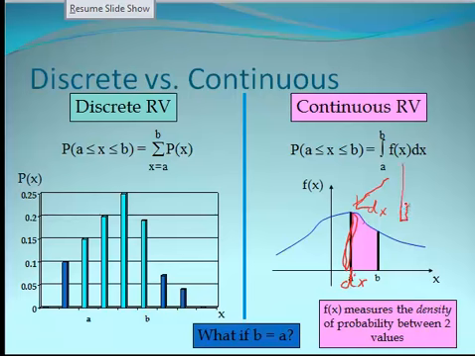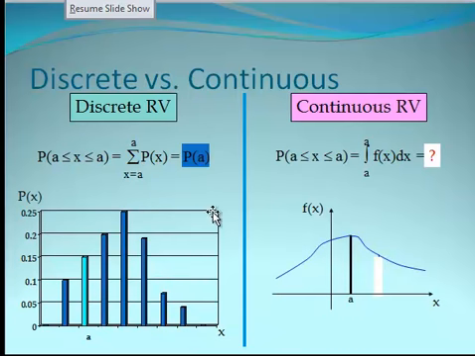It's actually this dx and whatever the height of f(x) is at that point. So these multiplied together give you the area of this little strip. But look, we let the dx go to 0. So it has no area. So that's why it doesn't matter whether it says less than or equal to or just less than, it's still the same.